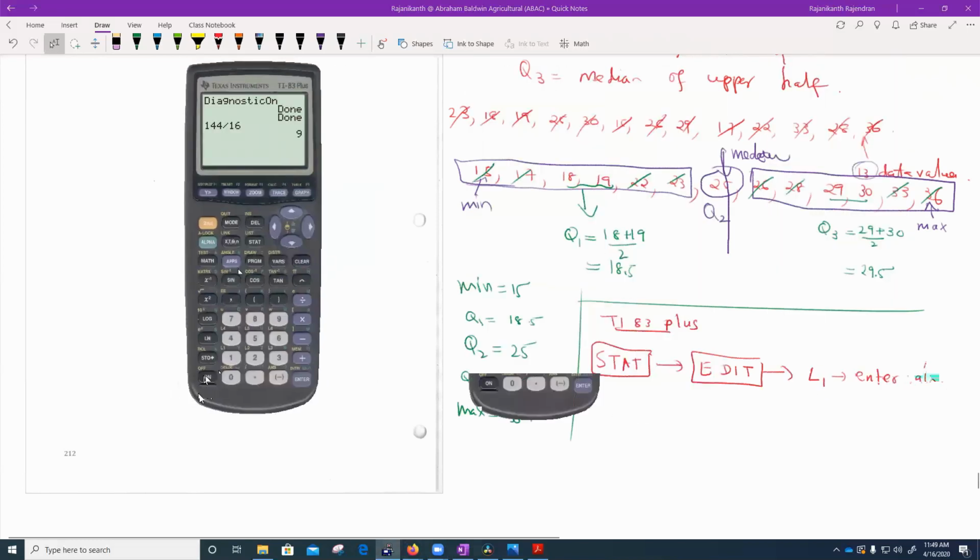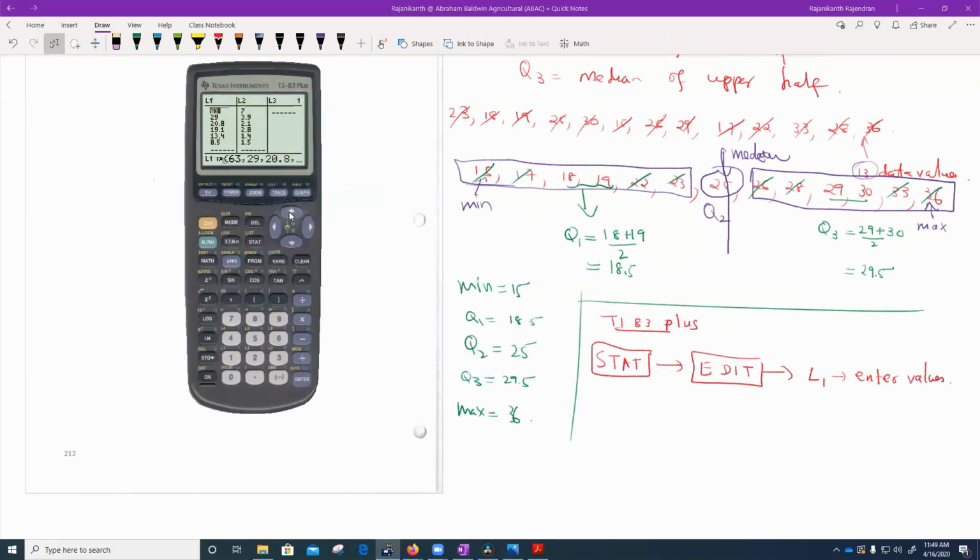So let me clear everything. Go to stats, edit, number 1. I'm clearing all the values. Okay, now I'm going to enter my data values into the L1 column. The order doesn't matter; you could write them increasing or however you want.